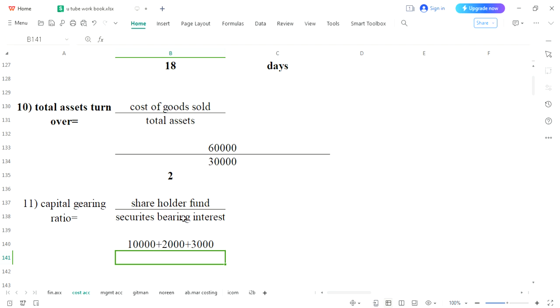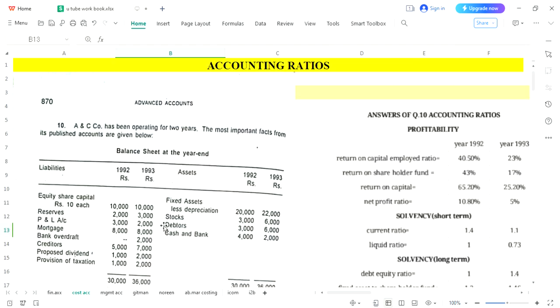Then securities bearing interest. For this we will stop for a few seconds and understand what securities bearing interest are. Any loan upon which you are paying interest is a security bearing interest. So let's get back to the liability side. Here you can see bank overdraft is not a loan upon which interest is paid.